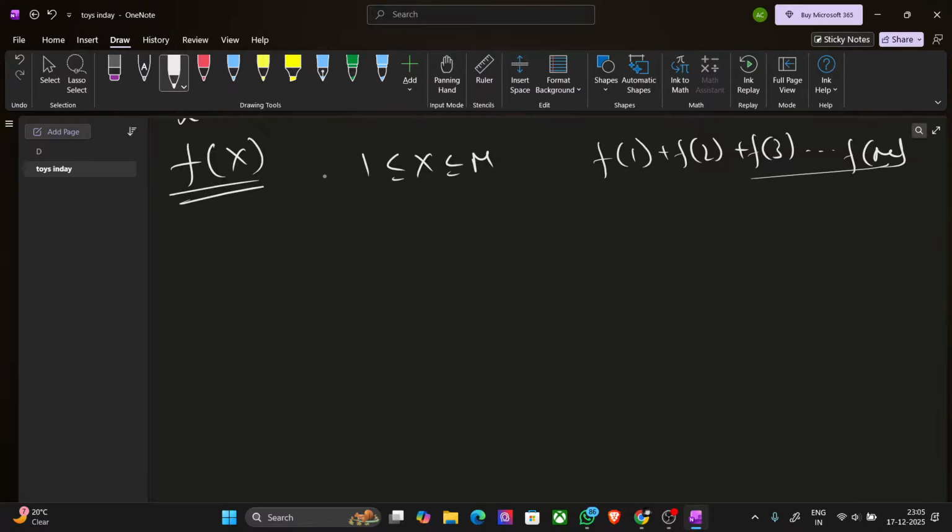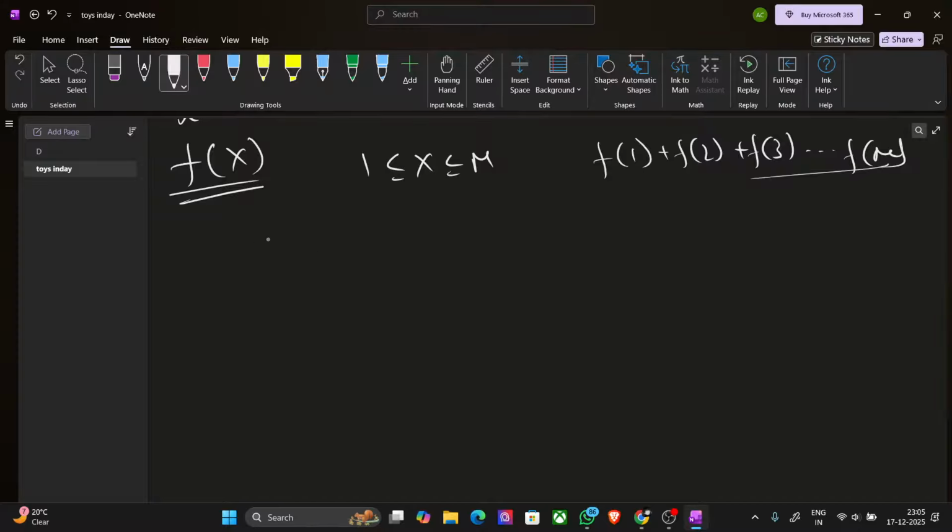So I have taken any random integer x for f(x) from 1 to m, obviously, so I can formulate something to approach towards the answer. How can I formulate it?